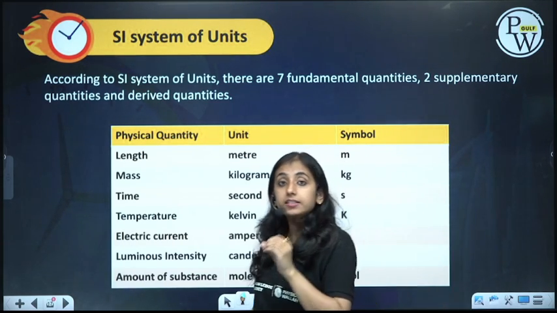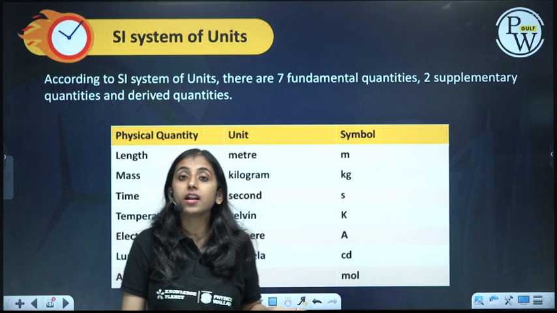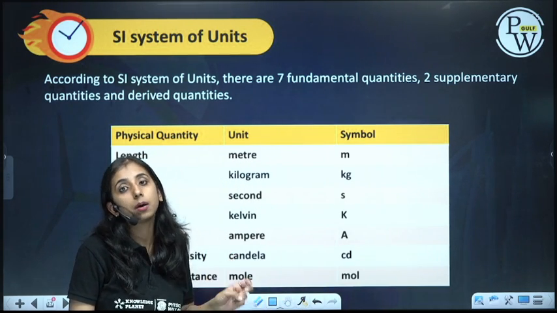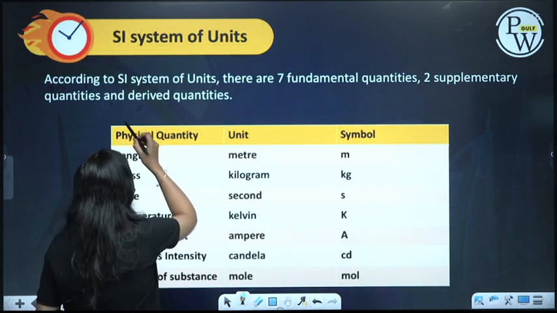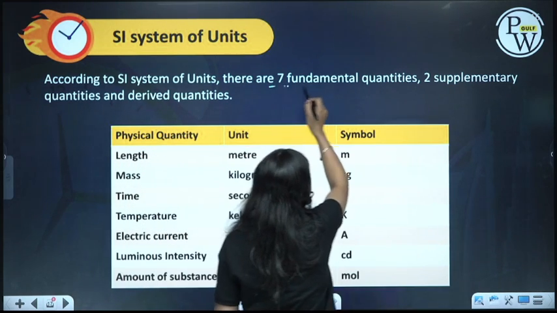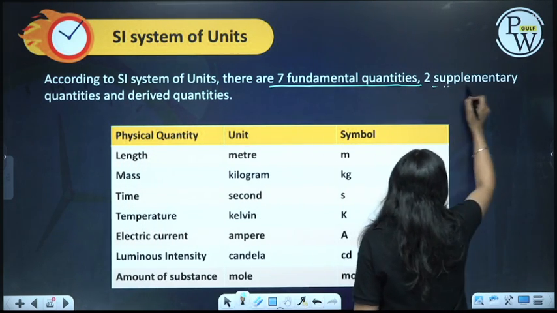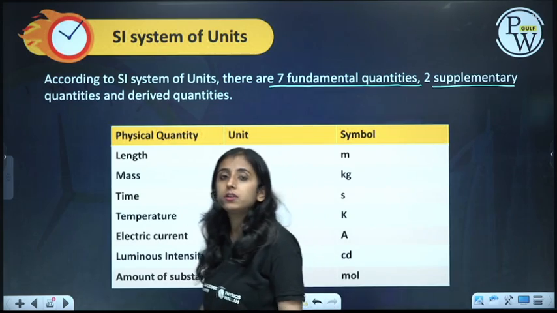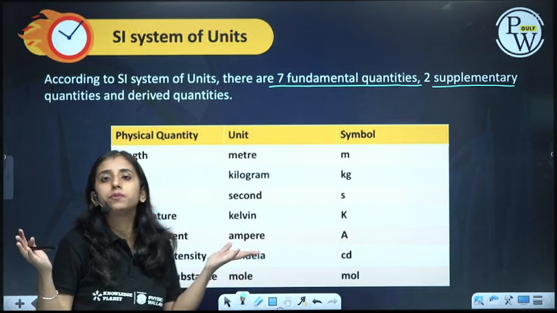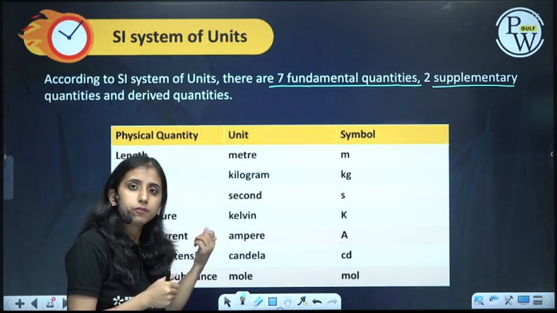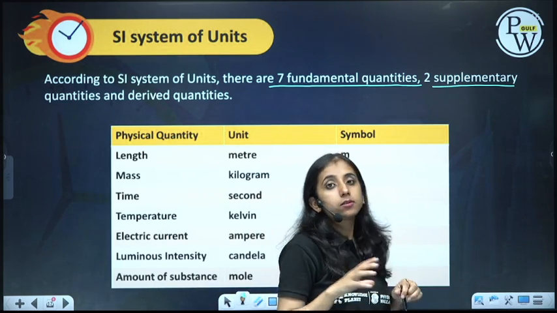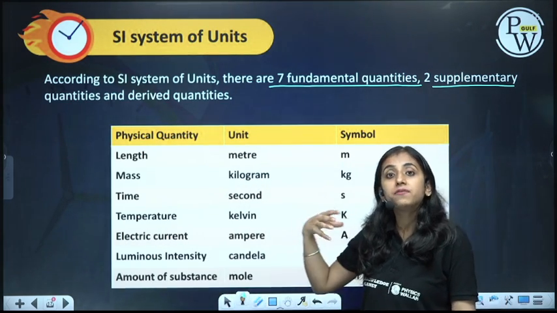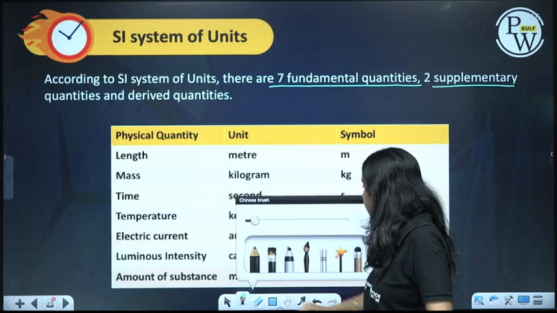But in the SI system, we have seven fundamental quantities and two supplementary quantities, and any number of derived quantities can be made out of these.